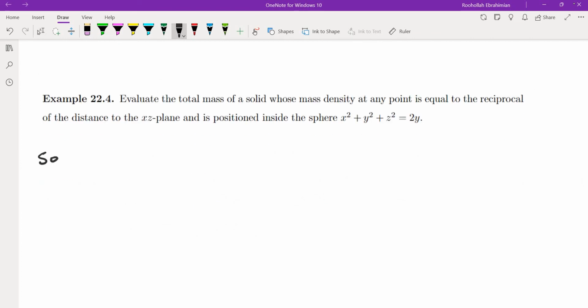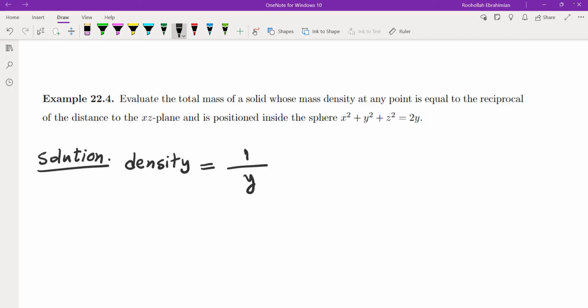Evaluate the total mass of a solid whose mass density at any point is equal to the reciprocal of the distance to the xz plane and is positioned inside that sphere. So let's start from the density function. The mass density is reciprocal, so 1 over the distance to the xz plane. The distance to the xz plane is y.